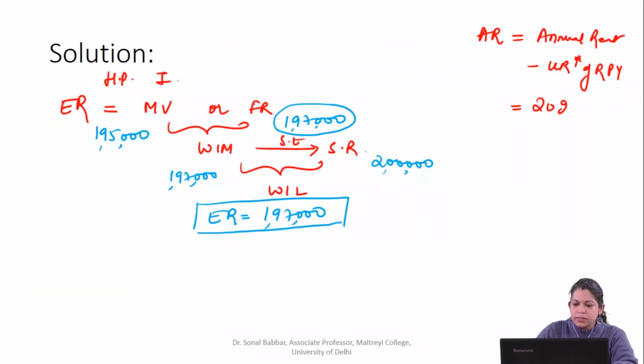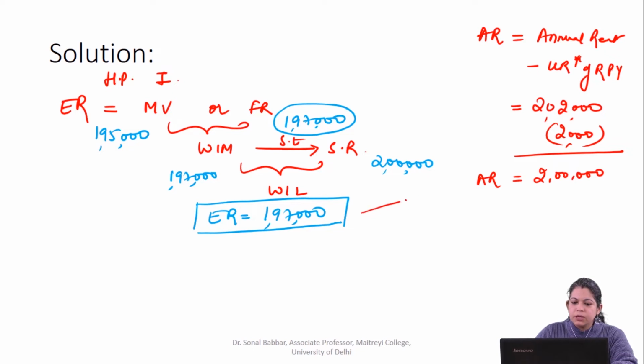So I'm going to subtract this unrealized rent from the annual rent, and I get 2 lakh as the actual rent. Now we need to compare ER with AR, and we take the higher of the two. We take whichever is more. So higher between 1,97,000 and 2 lakh is 2 lakh.